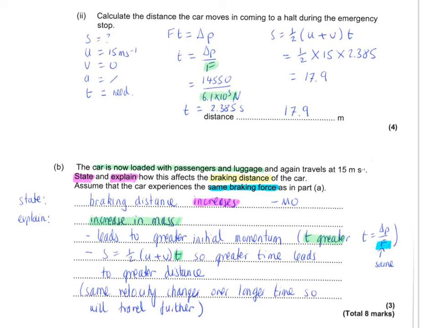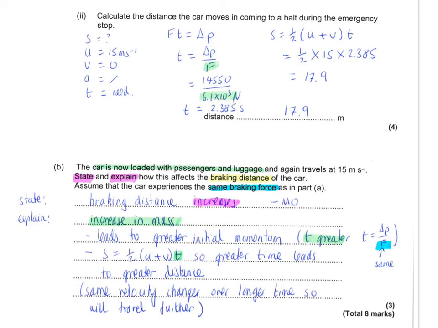Here I have presented one way in which to answer the question, though the mark scheme did allow for 2 alternative ways of presenting the physics. Both of these alternatives began with a statement that the braking distance increases, and the first point that there would be an increase in mass.